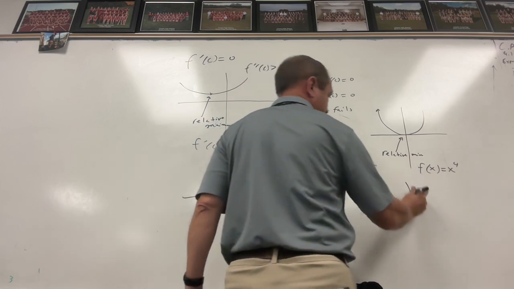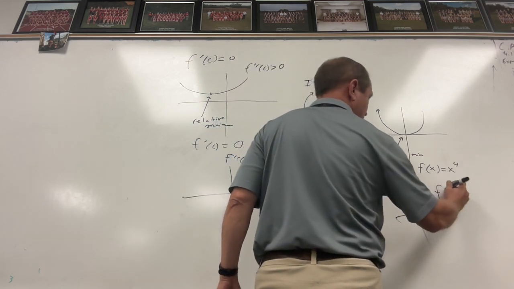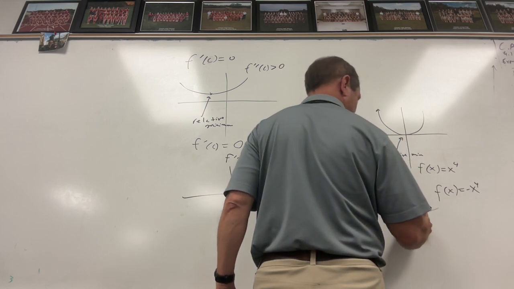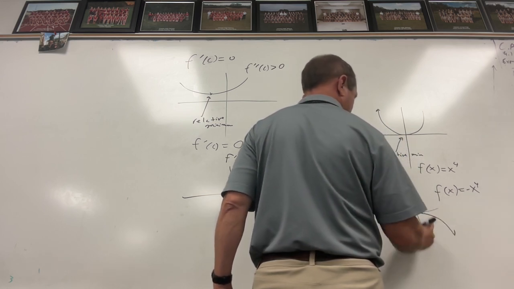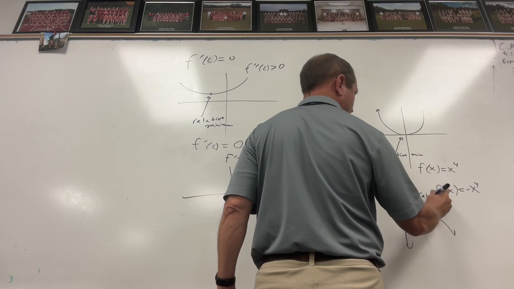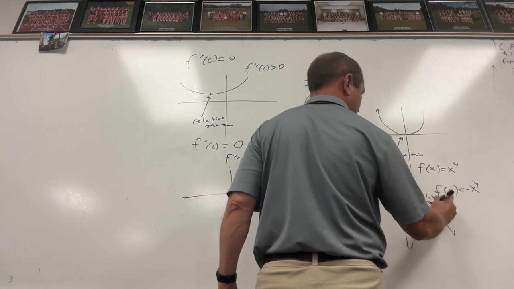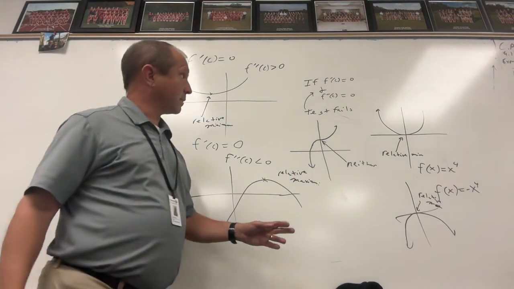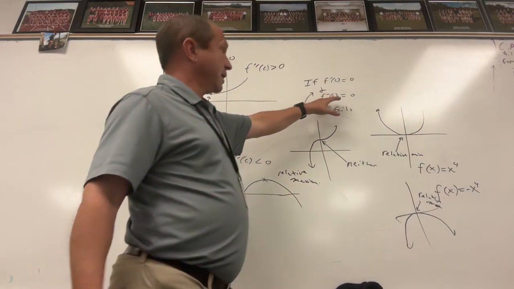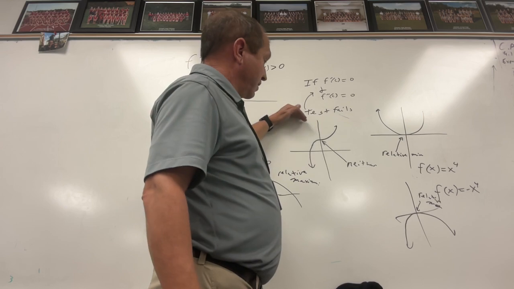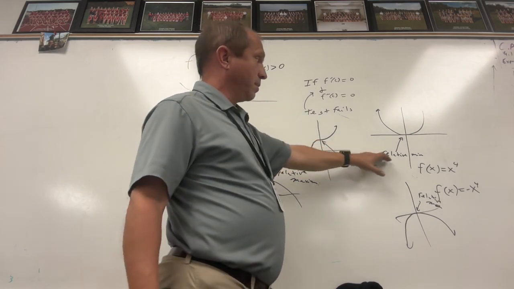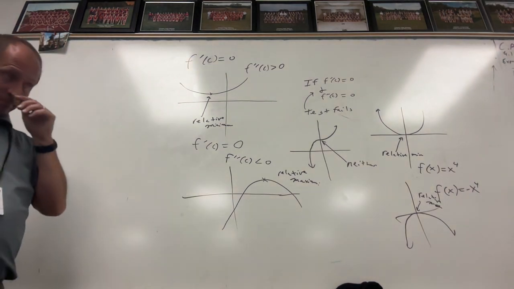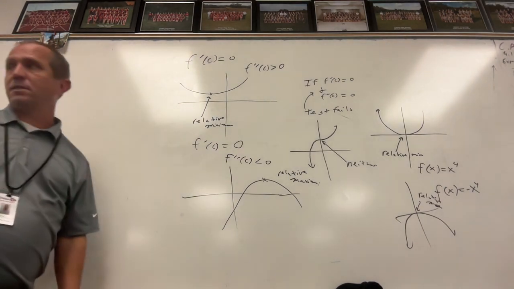Or, if we just change it up and go to negative x to the 4th, we would have a relative maximum at that point. So if the first and second derivatives are 0, the test just fails because it could be neither, it could be a relative min, it could be a relative max. All of those different things can exist there.